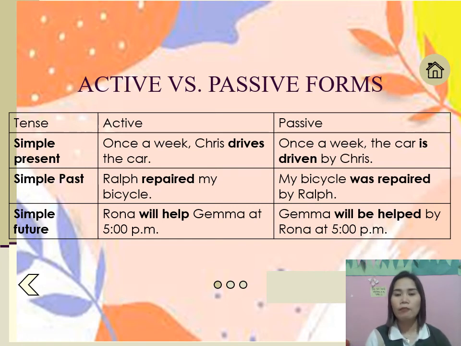So in passive, that will become was repaired. Next, simple future. Rona will help Gemma at 5 p.m. So here, Gemma will be helped by Rona at 5 p.m. So again, drives is driven, repaired was repaired, will help will be helped.